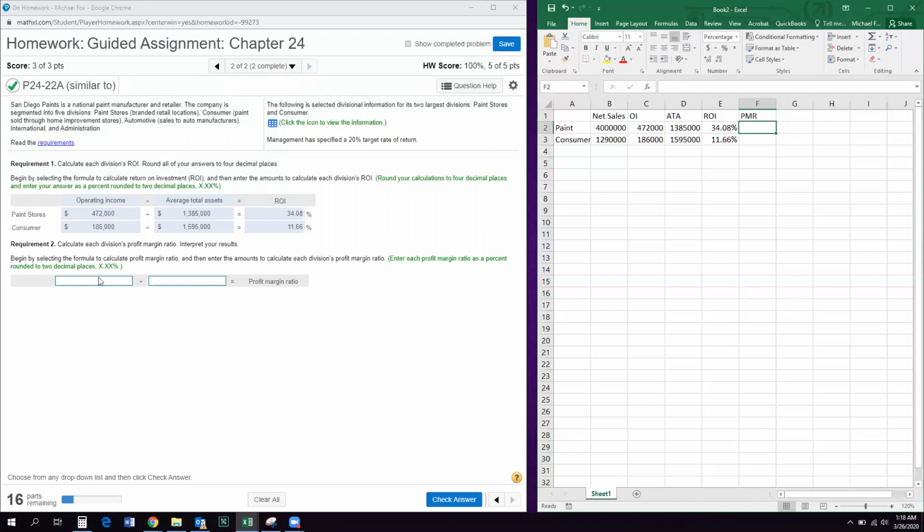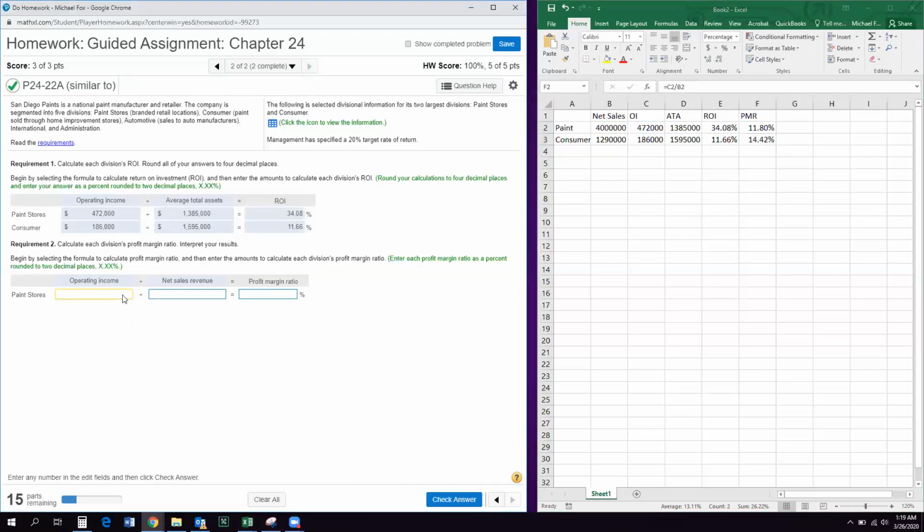And again, it wants us to do the formula first. So our profit margin ratio is just our operating income, our profit, divided by our net sales revenue. So again, we can come up here. We can say that this equals our operating income divided by net sales revenue. And then we can just fill it down, and it will calculate both for us.